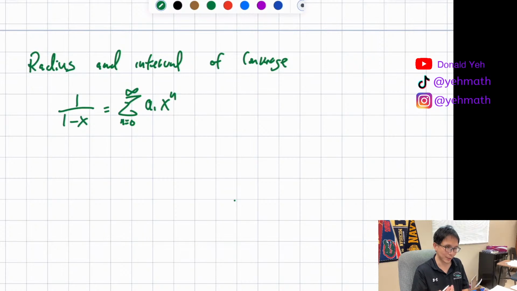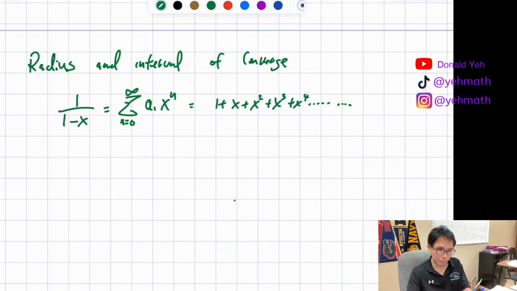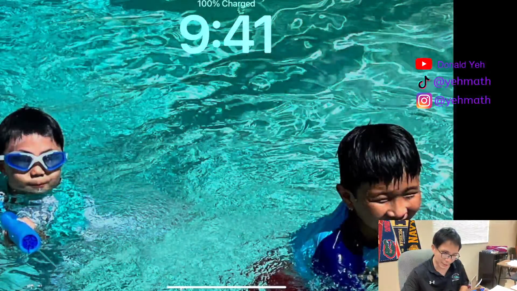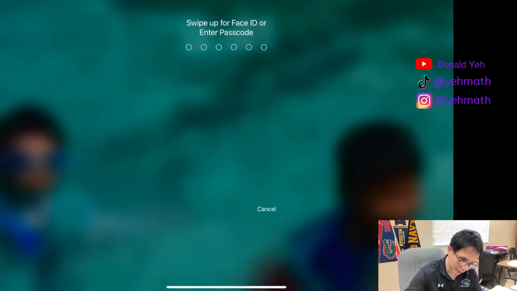We told you that this represents 1 plus x plus x squared plus x to the third plus x to the fourth, and so on. That's just some background information from last time.